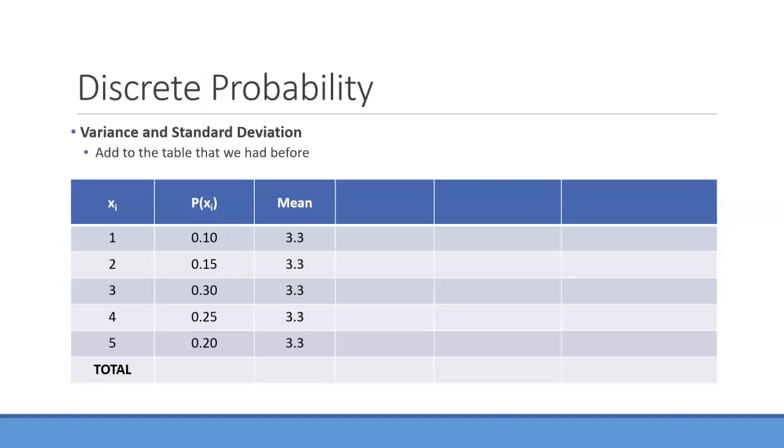We break it down step by step to make it simpler. We'll see why when we get to the end here. So our first step is to take each X and subtract out the mean. So 1 minus 3.3, and then we'll go 2 minus 3.3, 3 minus 3.3, all the way down our table.